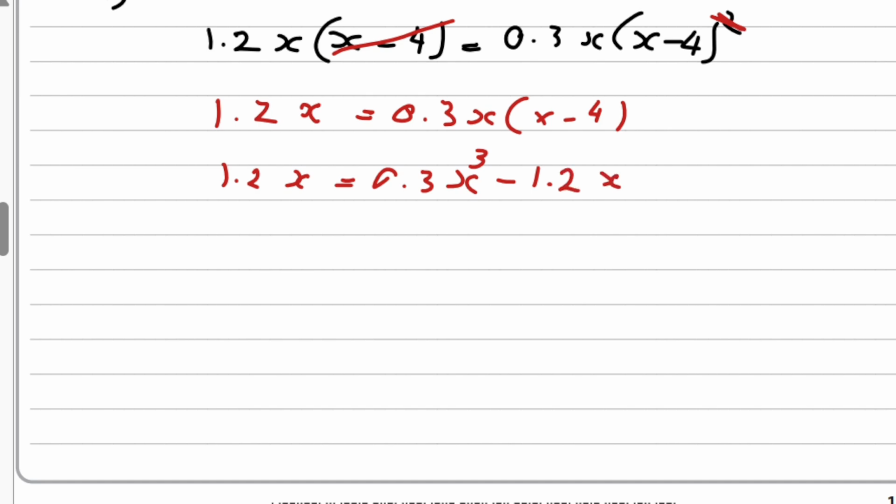Why did I write x cubed? It's just x squared because it's x times x. Let's move this to the other side. So you will have 0.3x squared minus 1.2 here, and then there is another minus 1.2, so it's going to be minus 2.4x equals 0. Now we can just factorize x.